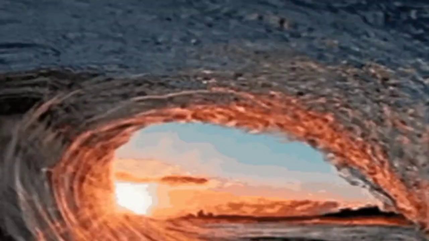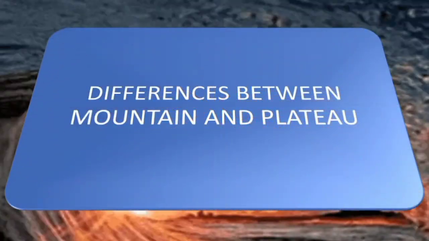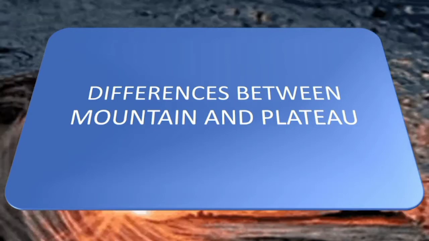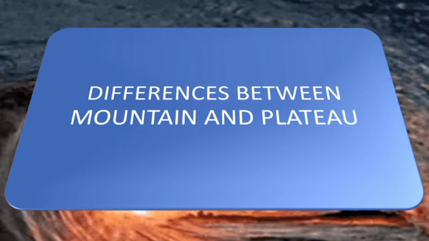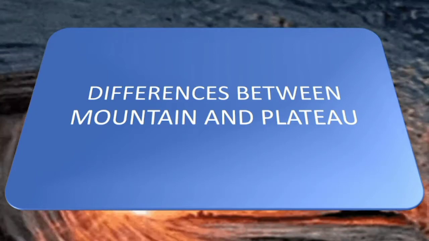This will take us to some of the major differences between a mountain and a plateau. Now, how many of you have seen a mountain? Okay. Do you think there's any difference between a mountain and a plateau? Many times, many people confuse a plateau for a mountain, but in actual sense, they are different.